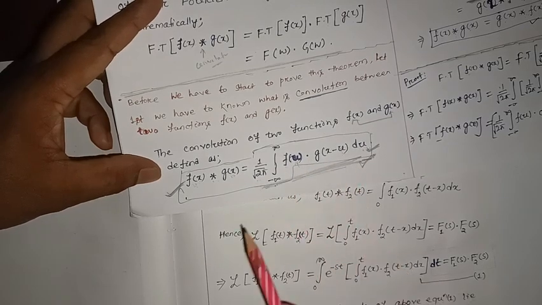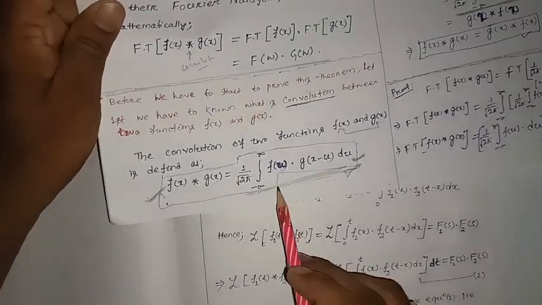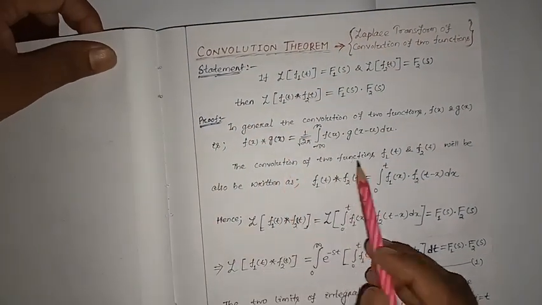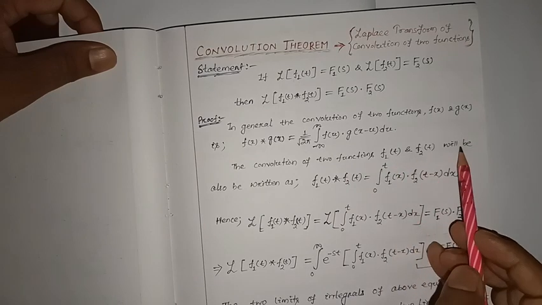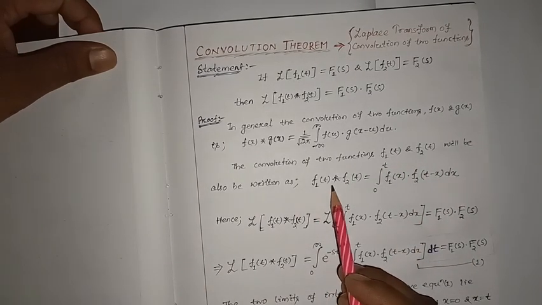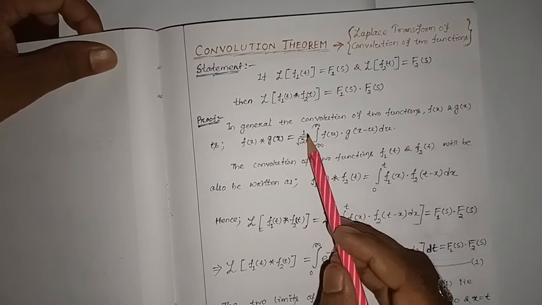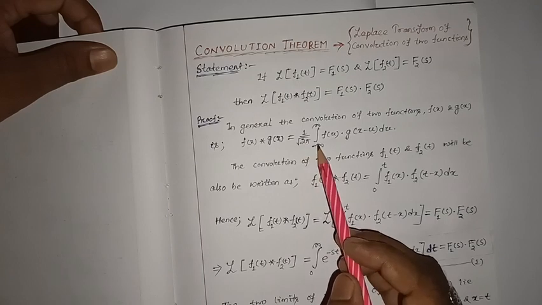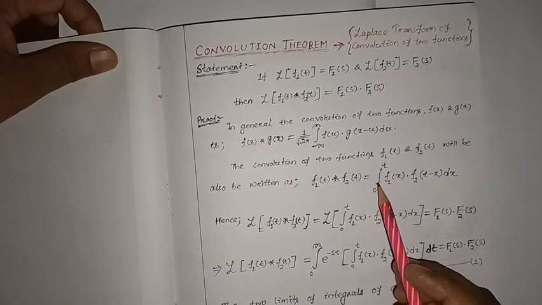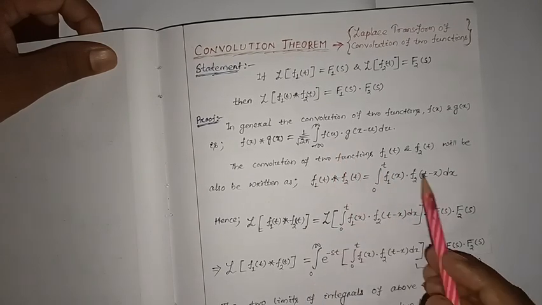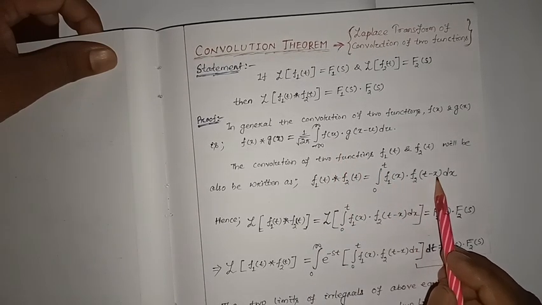This proof you can find in your mathematics honors syllabus. Here it is not required; we are just going to use this result. Also, the convolution of the two functions f1(t) and f2(t) can be written as f1(t) convoluted with f2(t) equal to the integral from 0 to t, instead of minus infinity to plus infinity, of f1(x), the other variable like u, times f2(t minus x) dx.